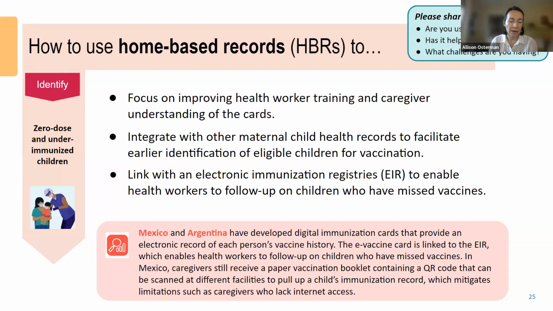HBR use has been associated in the literature with improvements in vaccination coverage. We also found that countries that have focused on improving health worker training and caregiver understanding of the cards, those kinds of investments have helped to also increase vaccination coverage.